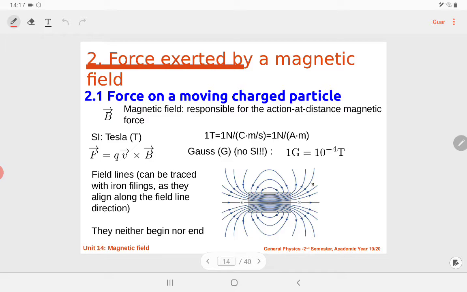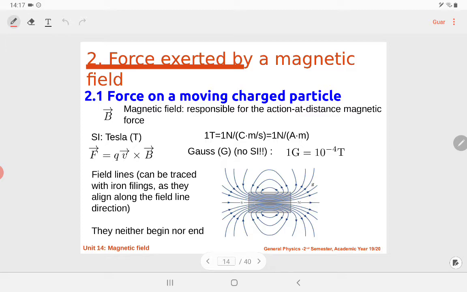This gray area is the magnet. To the left you have the South Pole, to the right the North Pole. The field lines of this magnet look like the lines you are looking at here. An interesting thing is that they come out from the North Pole and enter the South Pole.